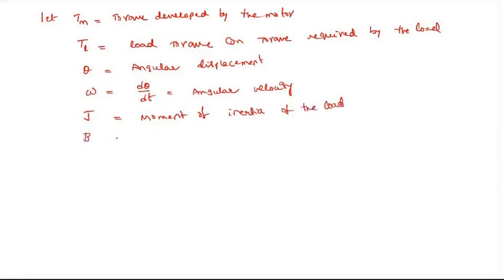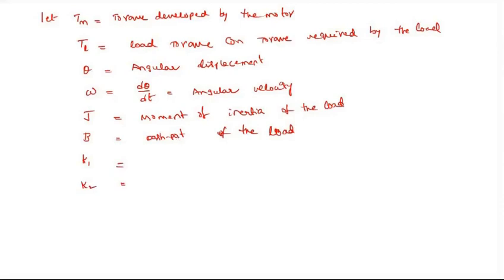Then B is nothing but the damping part of the load, that is friction. And here there are two constants we are going to consider: K1 and K2. These two are the new terms, K1 and K2.